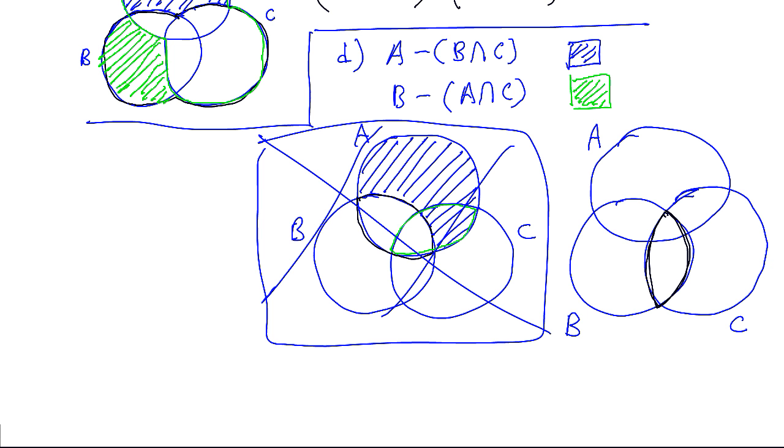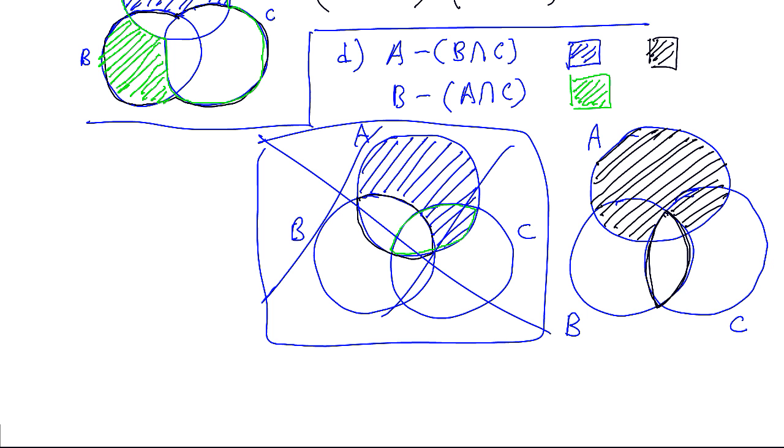And A minus that I will do in black. And A minus that is everything that's in A but not in that little football-shaped region. So now I've got the correct picture for this one. There we go. It's A minus just that little sliver there.